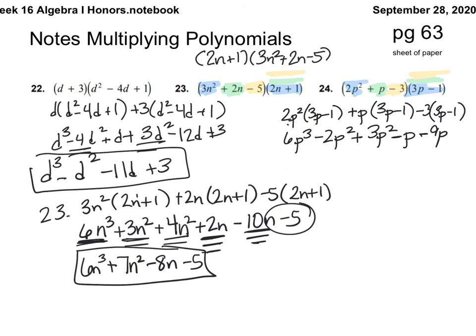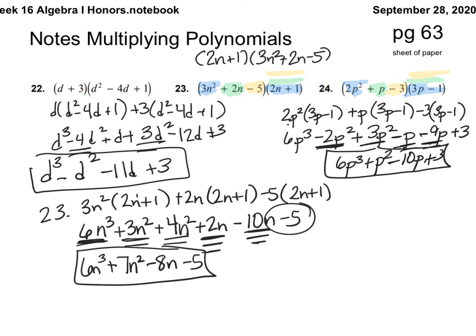Negative 3 times negative 1 is positive 3. Combine like terms. 6p cubed. Negative 2p squared and positive 3p squared would be positive 1p squared. Negative p and negative 9p would be negative 10p and positive 3. That's the answer to number 24.